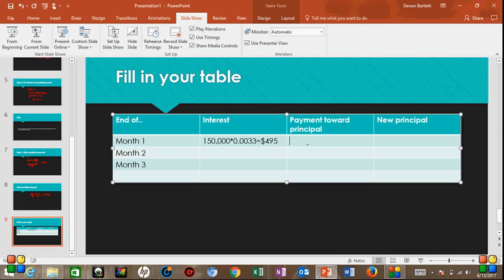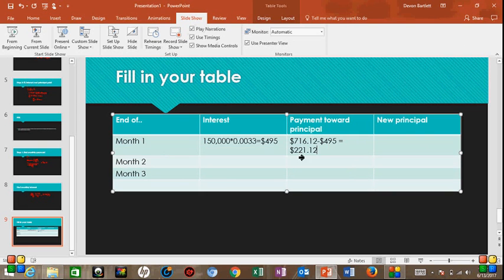So your payment towards your principal would be your $716.12, because that's your total payment, minus your $495, which I should probably put dollar signs here. And that actually gives us a total of $221.12. So you're only paying $221.12 on your first month towards your principal of your $150,000 loan.